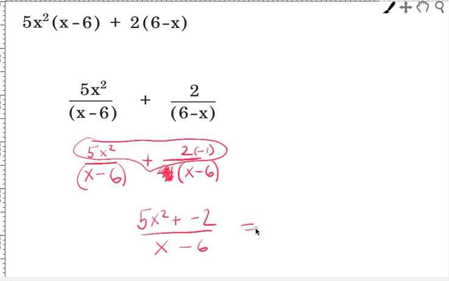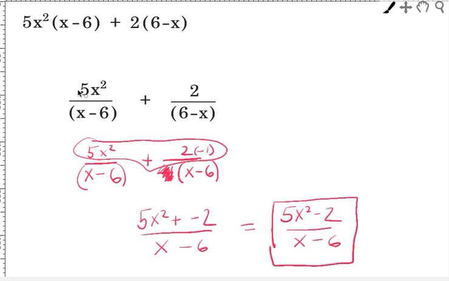And so this is a very similar problem. This would be the answer. Nothing is going to cancel here. And I've now solved a chapter 6 problem and a chapter 5 problem using the same idea of factoring out -1, and when you do that you have to change the signs of everything inside the parentheses.